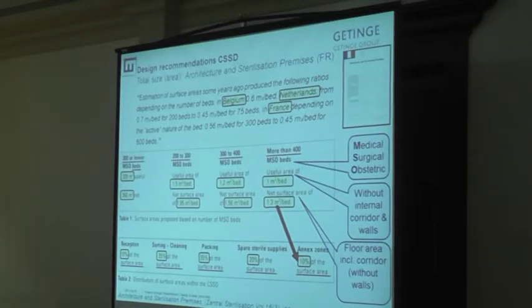Yeah, but let me ask you. Before, you calculated the number of machines and people according to the number of operations. Now you are calculating it with the number of beds. You can go either surgeries or you can go beds.